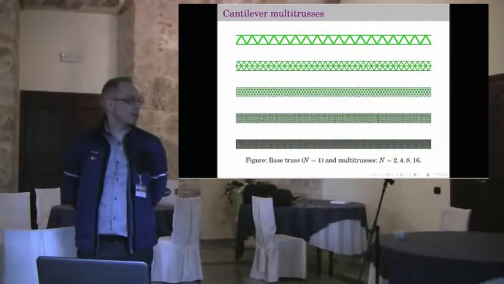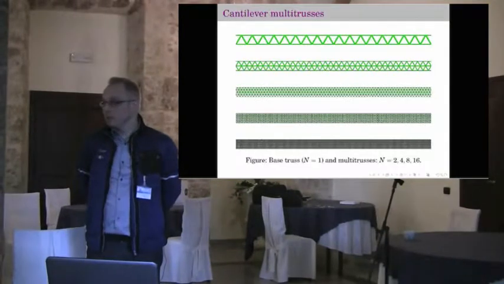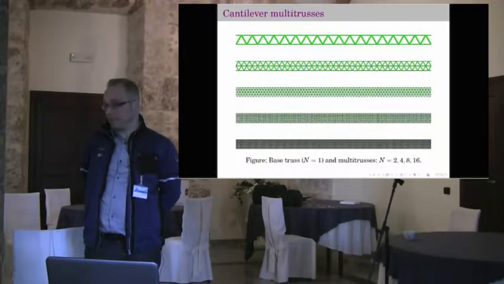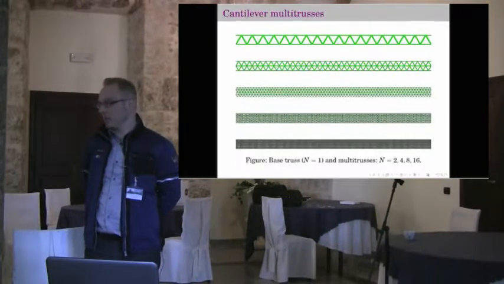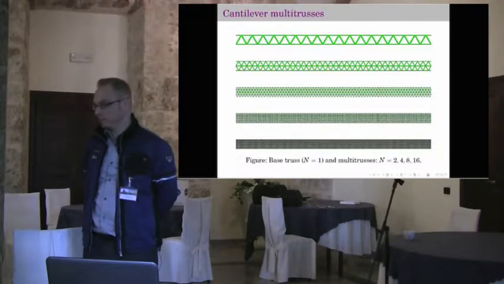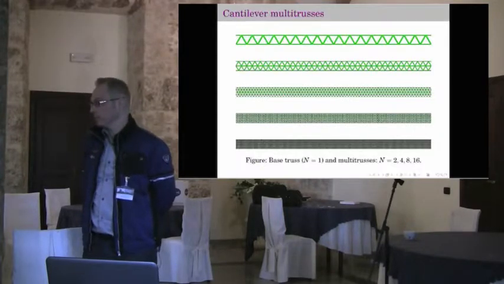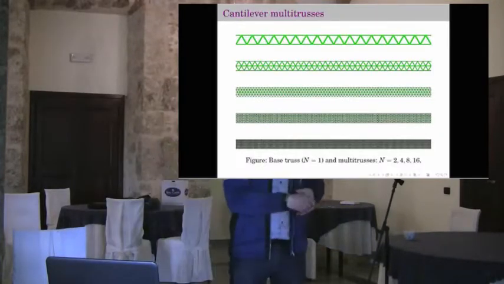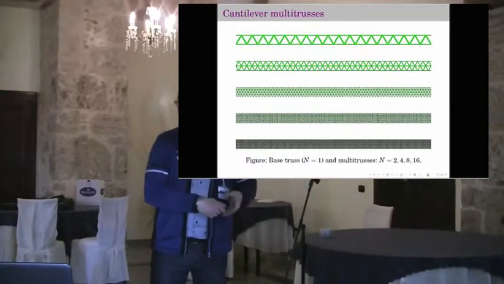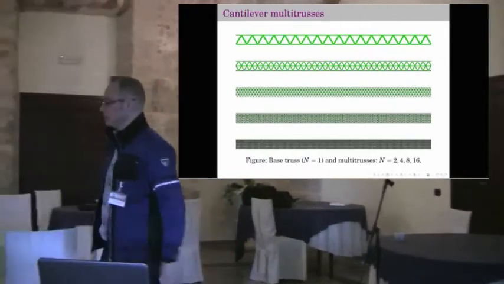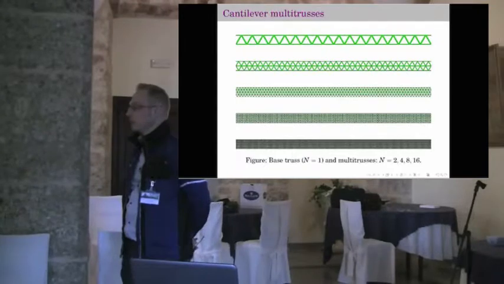And now my question is, which one of these beams in bending behaves like a classical continuum? Or which ones and which ones not? So where is the microstructure dense enough to be like a classical beam?